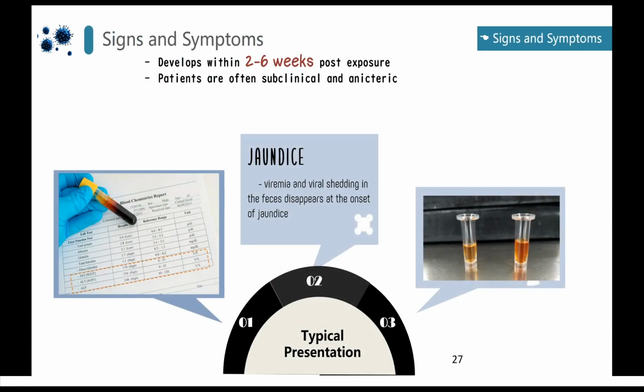The signs and symptoms of hepatitis A manifestation is similar to those of other hepatitis. So there is elevation of liver markers such as liver enzymes. There is jaundice. There is icteric phase of the patient. So, yellow ang ating patient. Ito yung mga typical manifestations. But patients may also manifest as anicteric.